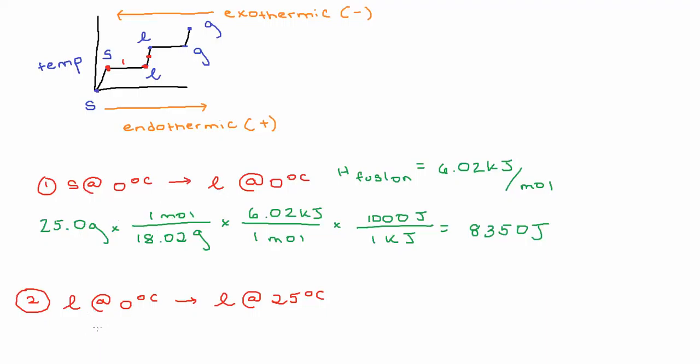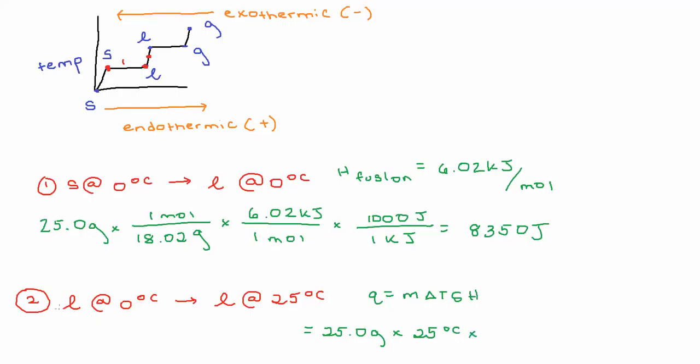Now I'm going to be changing temperature. So for changing temperature, you're going to use Q equals M delta T SH. Okay? Now, my Q is my heat, so that's what I'm solving for. My mass is 25 grams again. Notice here I'm going from 0 to 25. So my change in temperature is 25 degrees Celsius, and it's positive because I'm increasing temperature.